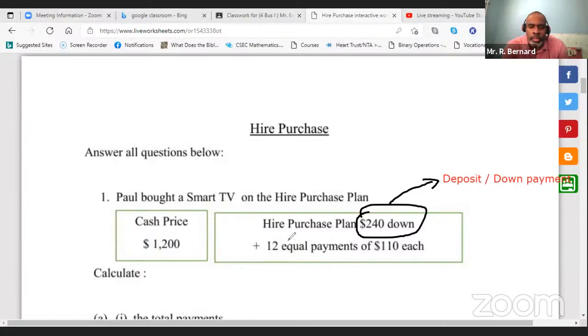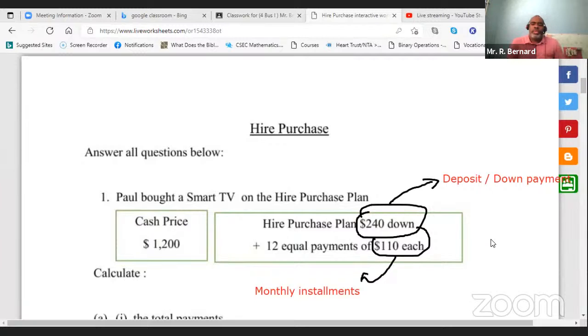It's referred to as monthly installments.